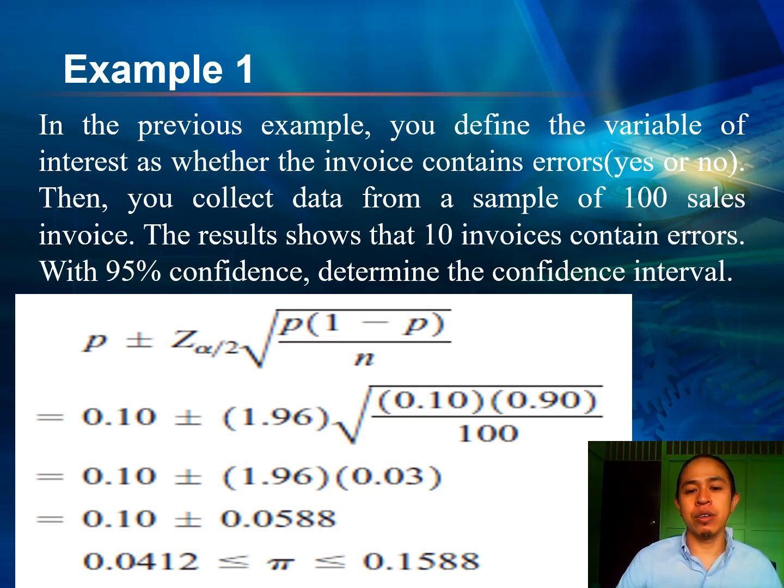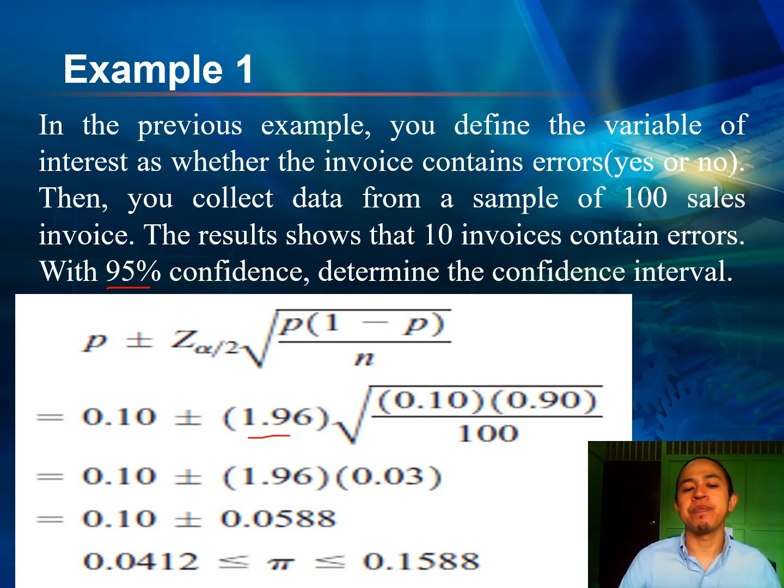There are 10 invoices that contain errors in a sample size of 100. So we have 10 divided by 100. Let me use the calculator, 10 divided by 100, to be sure. So we have 0.1. So our P is 0.1. Since we are using 95% confidence, our Z value is 1.96.